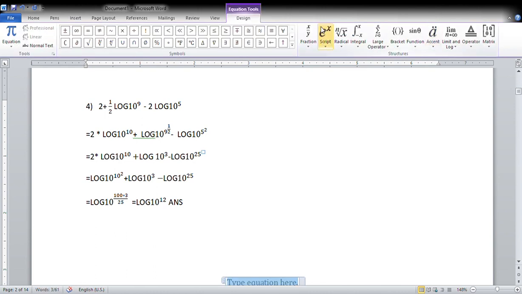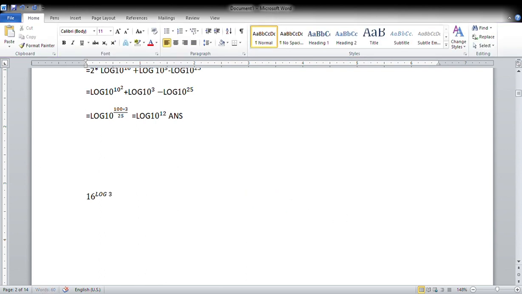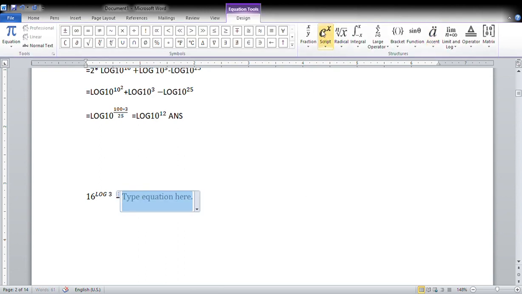So now the problem number 4, right? Problem number 4 is 16 to the power log 3, right? 16 to the power log 3 is equal to 9 to the power log 4.